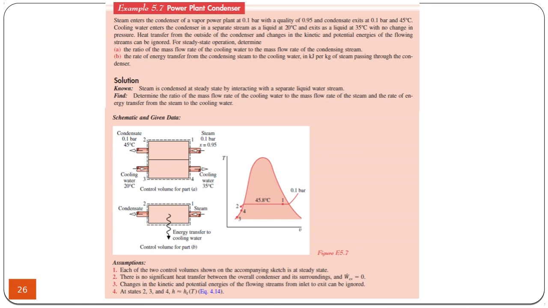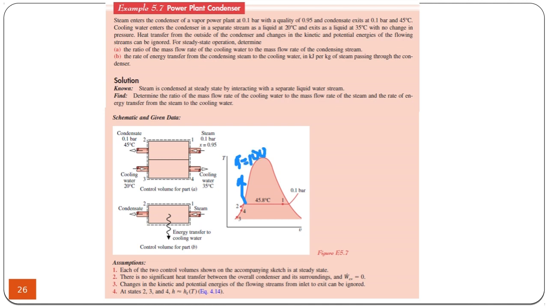An example of a heat exchanger is given here. In this example, steam of 0.1 bar and quality of 95% is condensed to liquid of 0.1 bar and 45 Celsius. It's subcooled. Why? Because normally, if it was saturated, the saturation temperature would be 100 Celsius, because the pressure is 1 atmosphere.